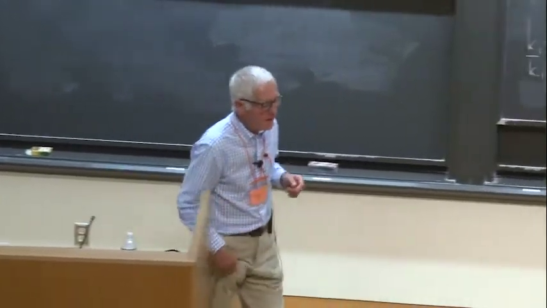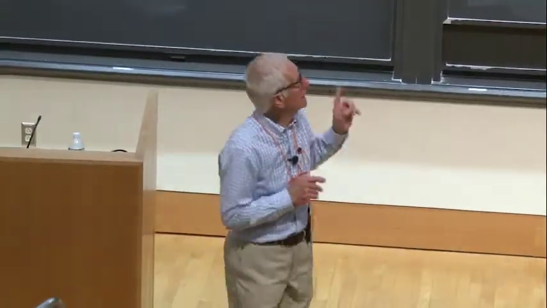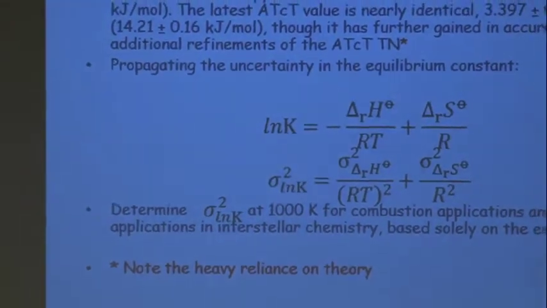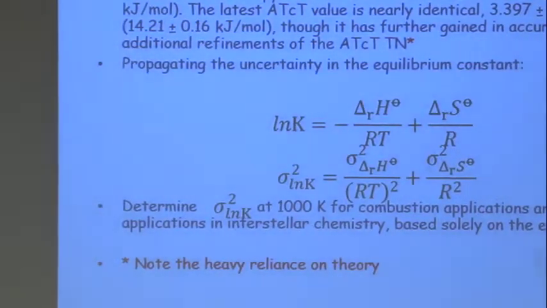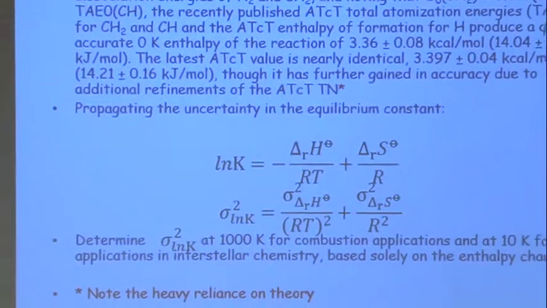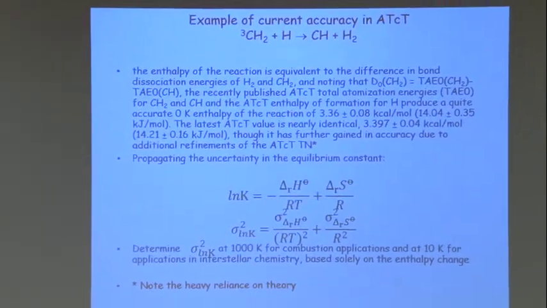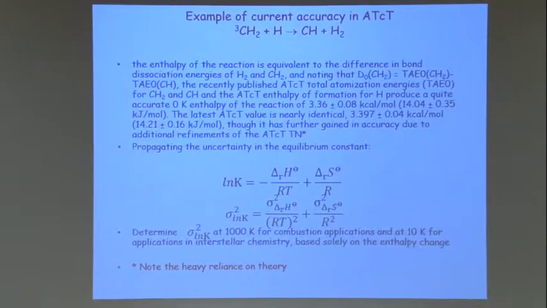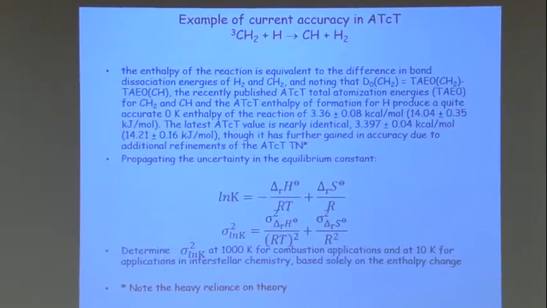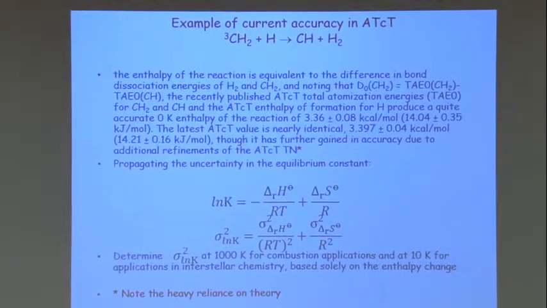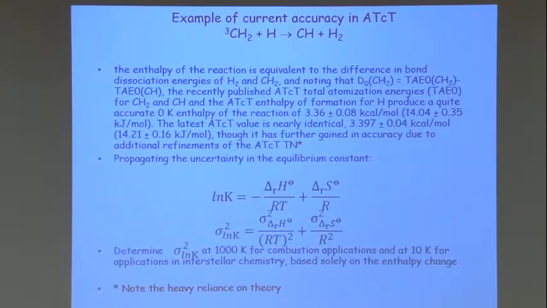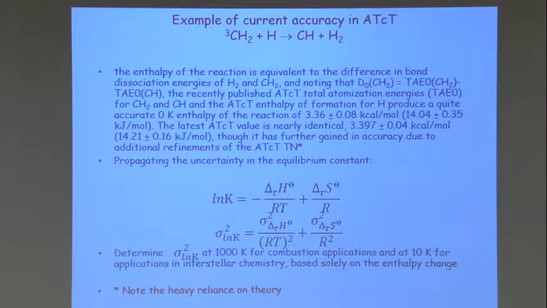And this is an interesting application because the reaction between CH plus H2 is important in interstellar media. And interstellar media have a temperature of not very much, a few degrees Kelvin.